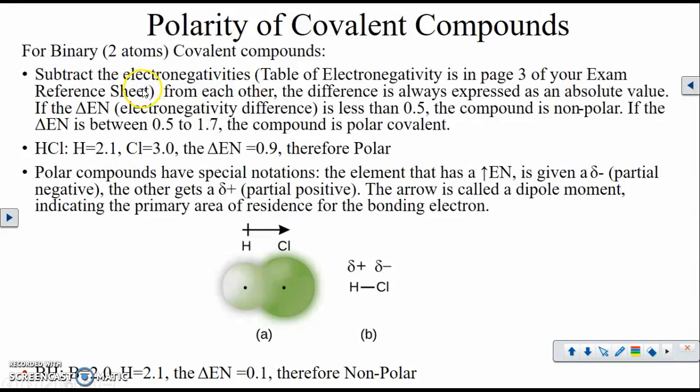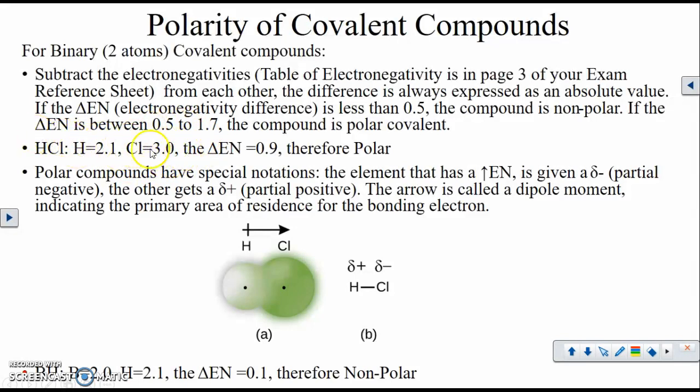And again, the key to this whole polarity of covalent compounds is page 3 of your exam reference sheet. If you have the molecule hydrochloric acid or hydrogen chloride, the electronegativity from the table for hydrogen is 2.1 and for chlorine is 3.0.